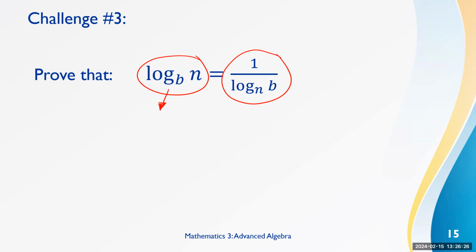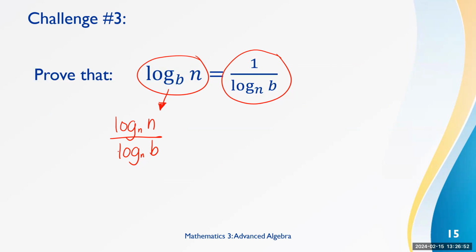Applying the change of base formula here, log base b of n becomes log of n divided by log of b. Sir, can I write it as log base n of n over log base n of b? Yes, you can, as long as the base is the same in the numerator and denominator.